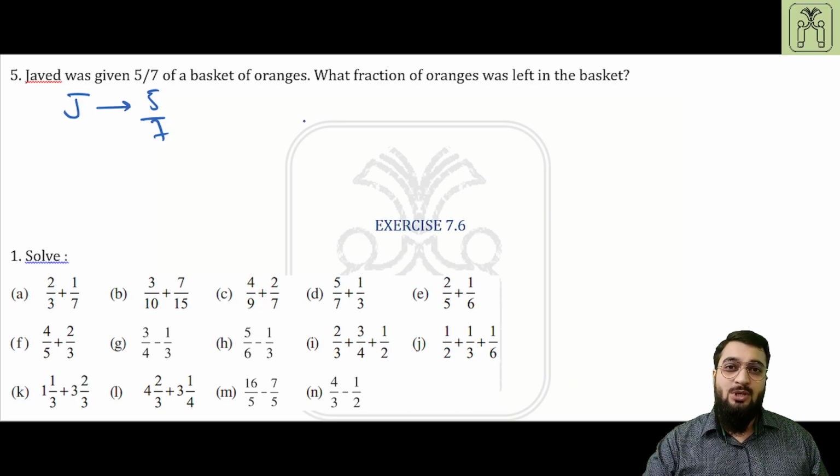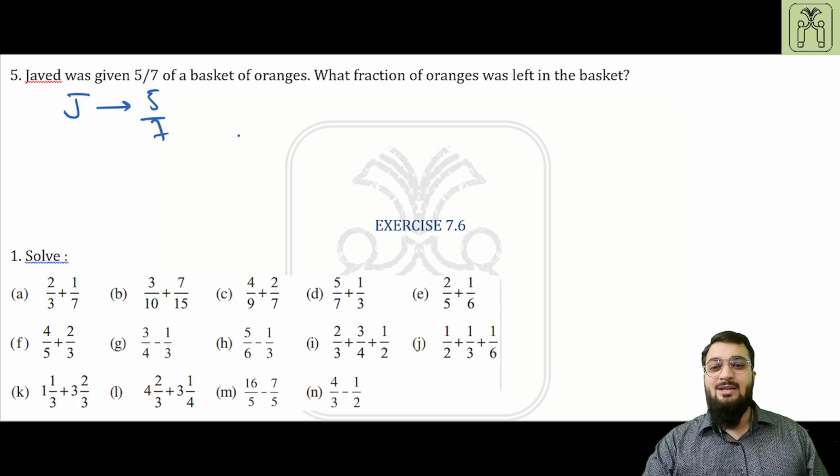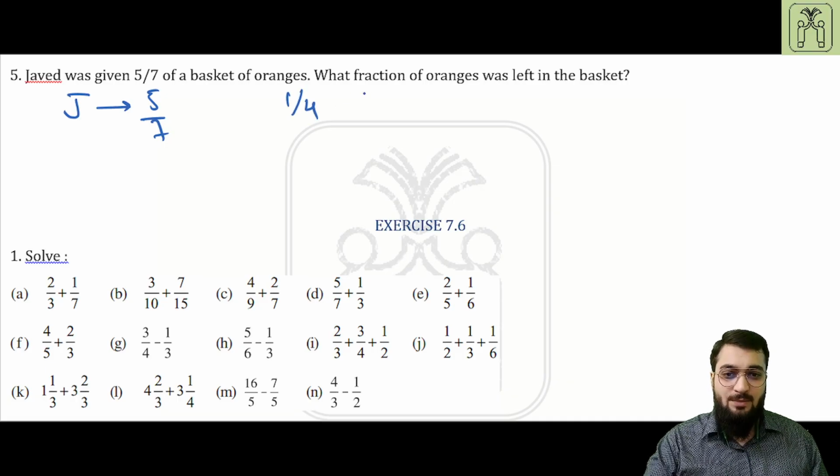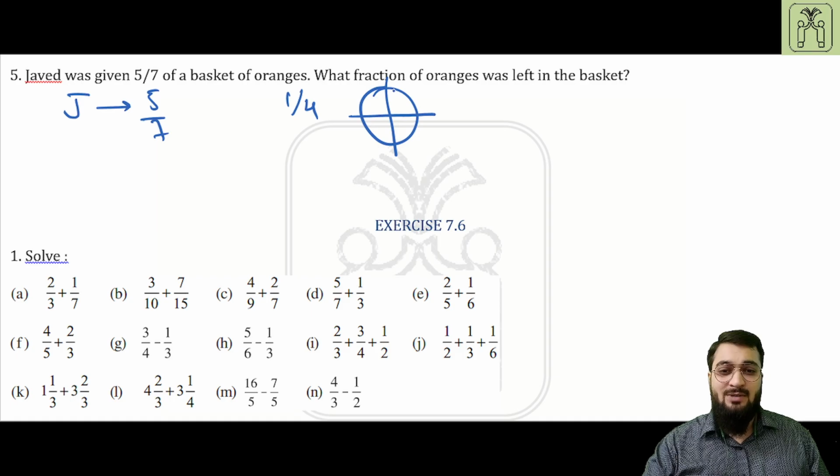So we know in the first video we understood that if I say that I ate 1/4 of a pizza, that implies two things. First, that the pizza has been divided into four parts. That is the denominator.